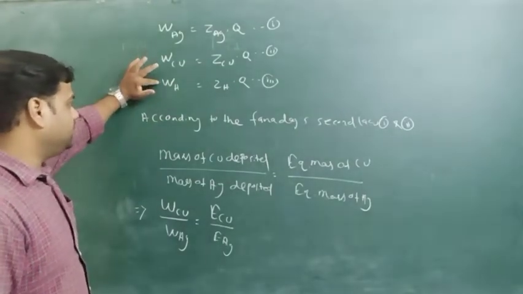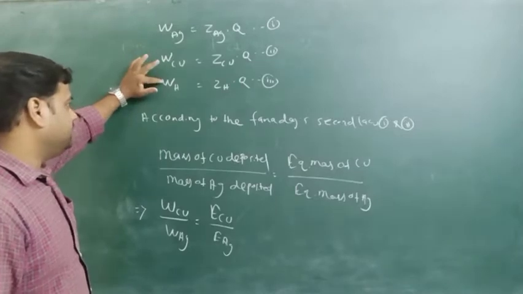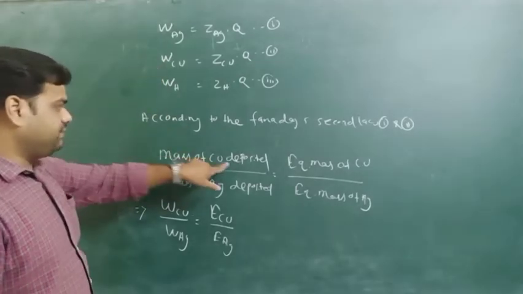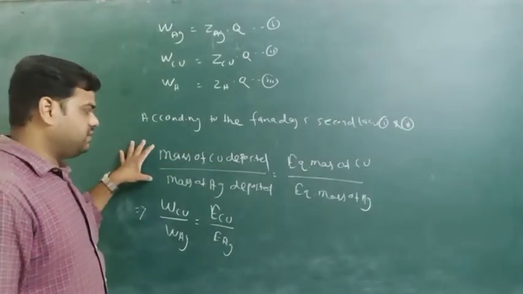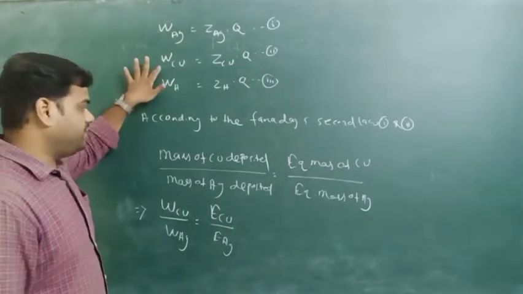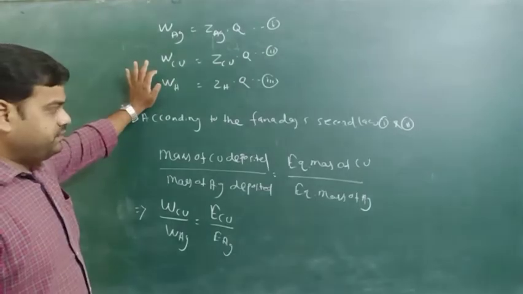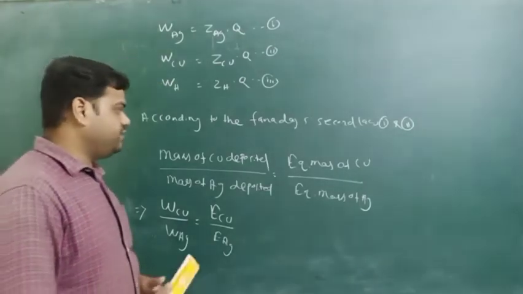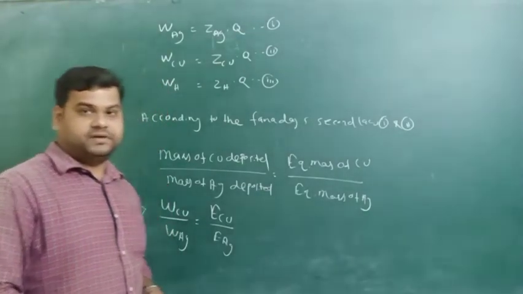If we take equations 2 and 3, then we get the ratio of the mass of hydrogen deposited to the mass of copper deposited equal to the ratio of the equivalent mass of hydrogen and the equivalent mass of copper.